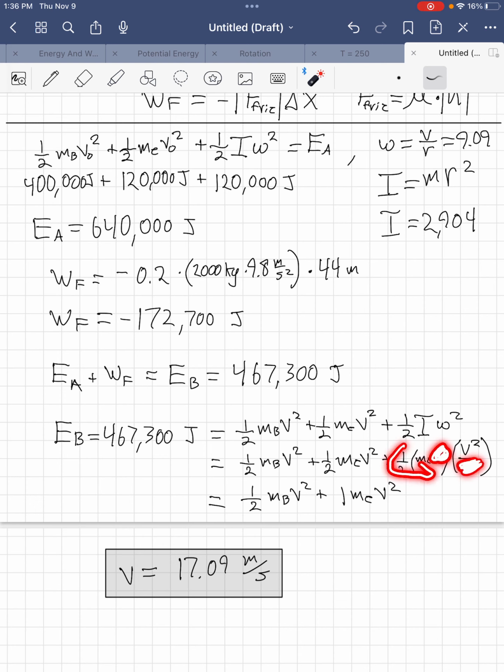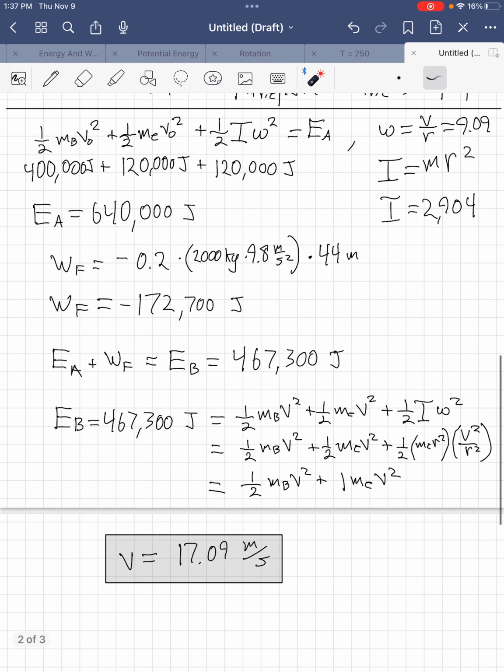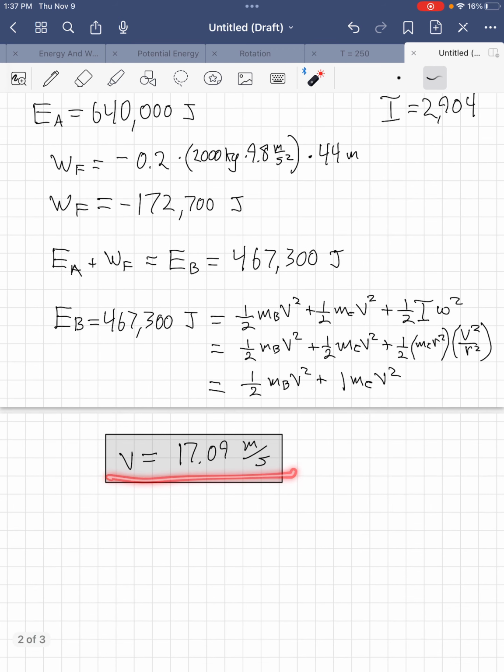And it so happens for this one, after the radius cancels, it's exactly the same as the kinetic energy equation. So we have two 1/2 mv squareds for the cylinder. They add up to 1 mv squared. And after we plug in the masses and then simply divide through and take the square root to find the velocity, we find the translational velocity is 17.09 meters per second.